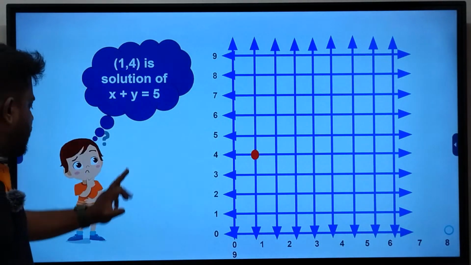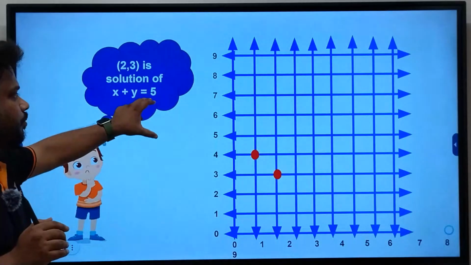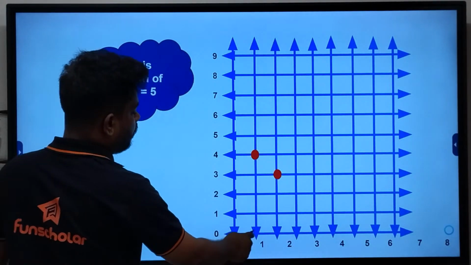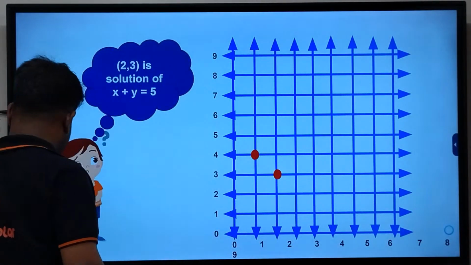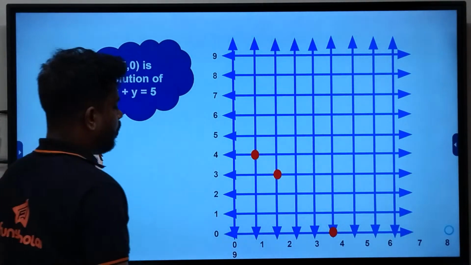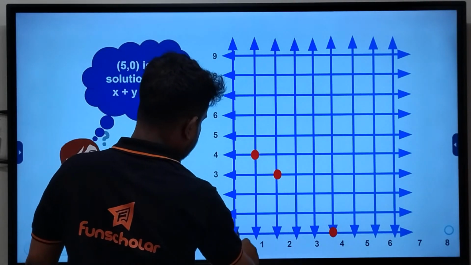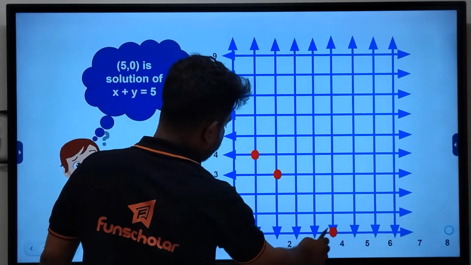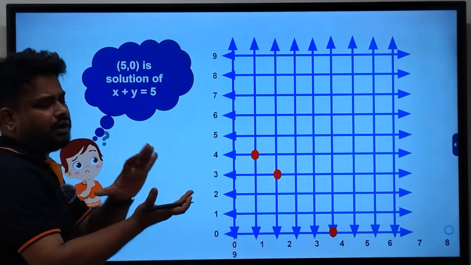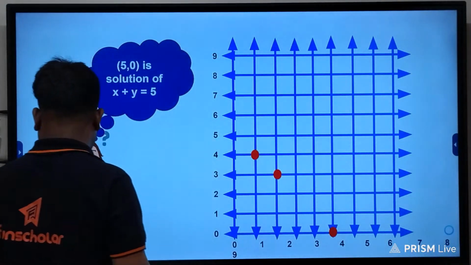So this is the process by which we can plot points. 2 comma 3 can be plotted here. Again, 5 comma 0 can be plotted here. This is 1, 2, 3, 4, 5. Maybe this 4 has been written a little bit misplaced, but 5 will be here.